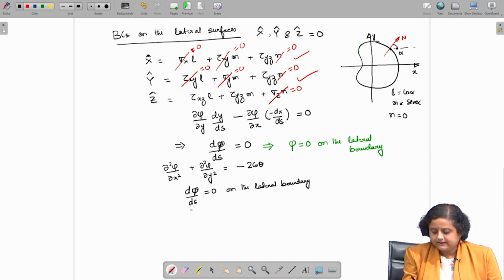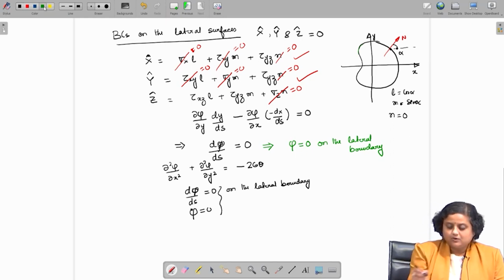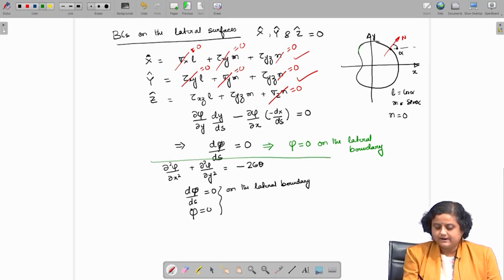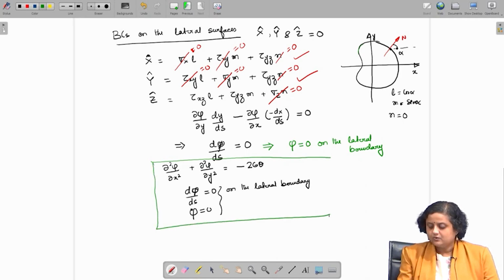Or this can either also be satisfied when phi is equal to 0 on the boundary. So, therefore, we need to find out a stress function which is going to satisfy these two criteria.